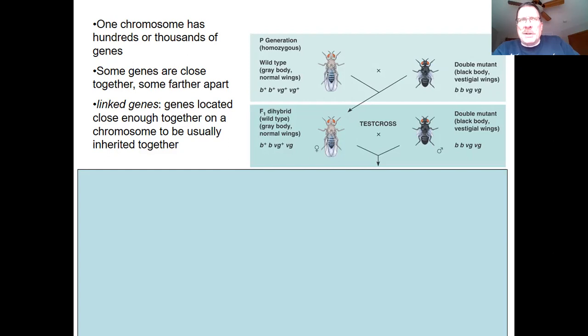You would expect to see basically a fourth of every option, because you have half gray body, half black body, and half normal wing, half vestigial wing. It should give you about a fourth of each.